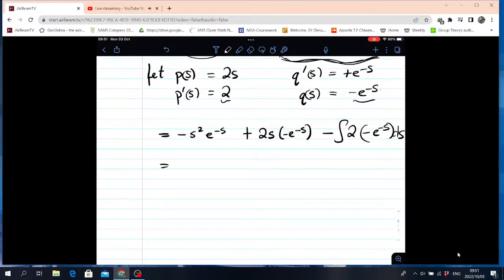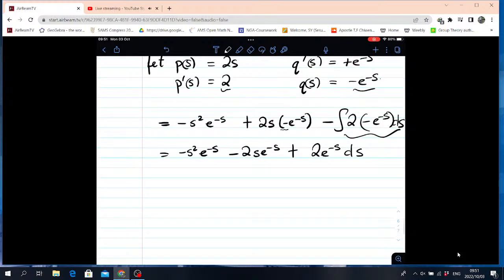And then we get minus s squared e to the minus s, minus 2s e to the minus s, plus 2 times e to the minus s ds, right?